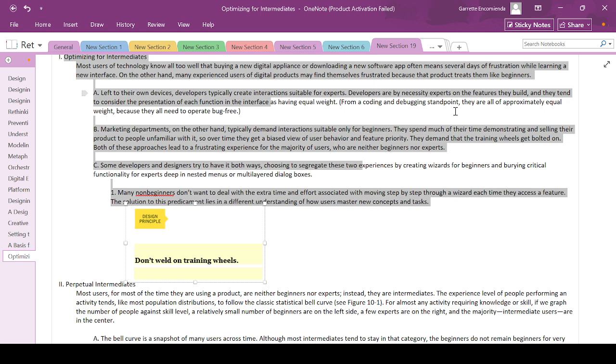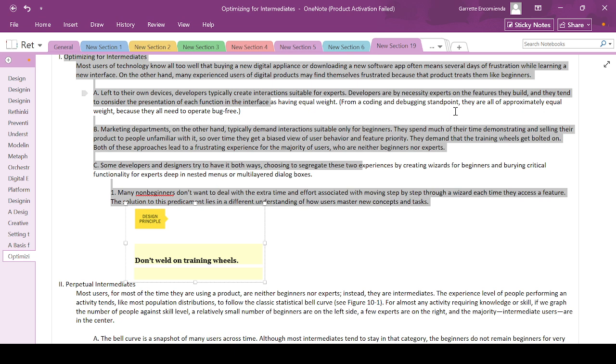So left to their own devices, developers typically create interactions suitable for experts. Developers are by necessity experts on the features they build, and they tend to consider the presentation of each function in their interface as having equal weight.